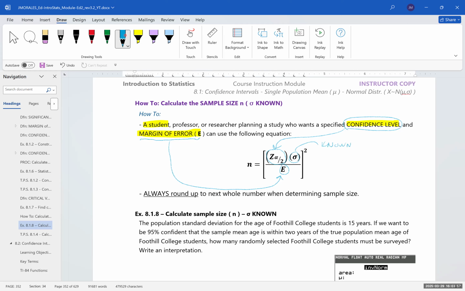But the confidence level is what you want. You decide what confidence level you want. Margin of error, you decide what that is. The only thing you need to know ahead of time is what you expect or what you know about the population standard deviation.